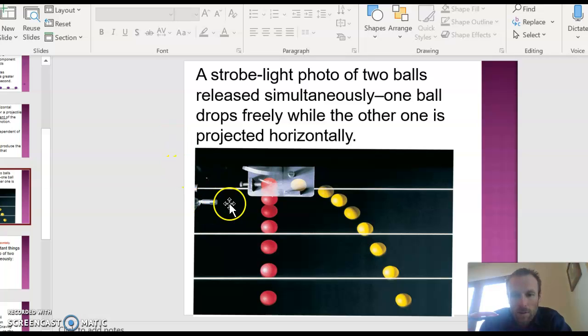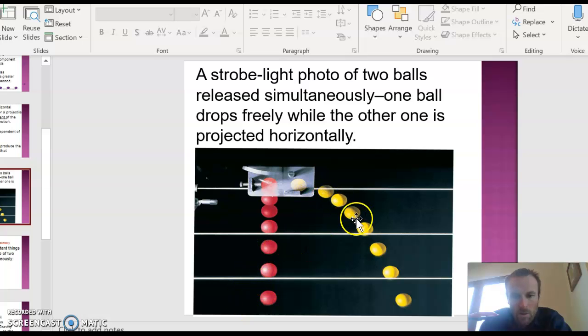So here's a picture which shows what we're talking about here, a ball being dropped vertically versus a ball being shot horizontally, both influenced by the force of gravity. You can see on the right here, the yellow ball, the vertical distance that it covers each increment of time is the same as the vertical distance that the red ball covers in each increment of time.